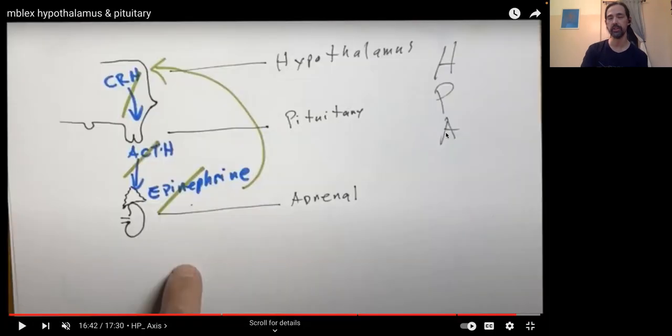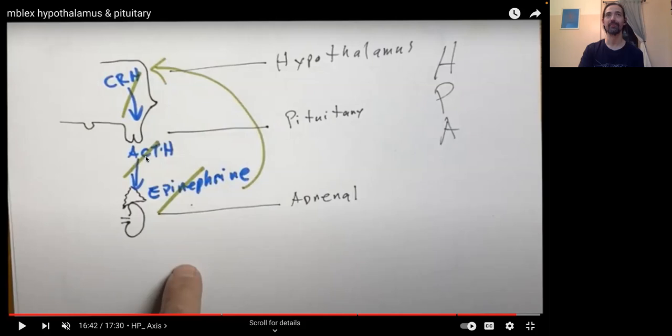I just want you guys to know about that axis, but it could be HPG, hypothalamic-pituitary gonadal. Like if testosterone or estrogen are low, the hypothalamus releases gonadotropin releasing hormone, or the hypothalamus causes the pituitary to release follicle stimulating hormone or luteinizing hormone, which then binds to the gonads, the testes or the ovaries.